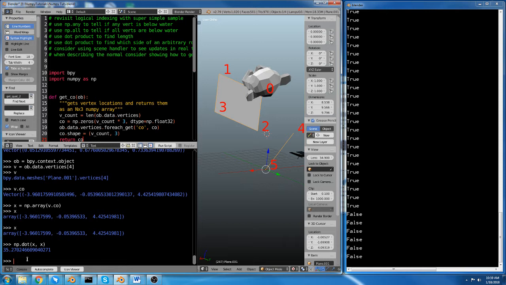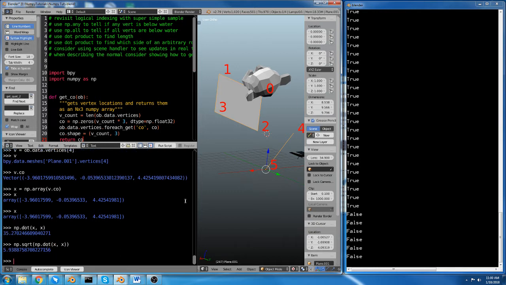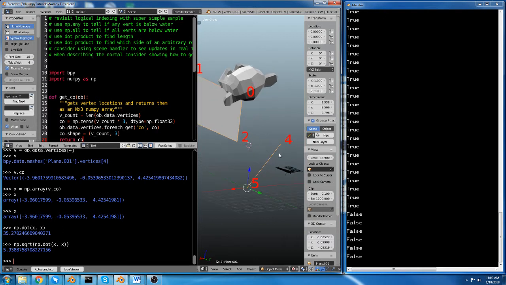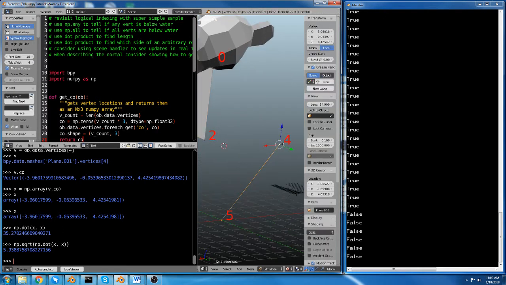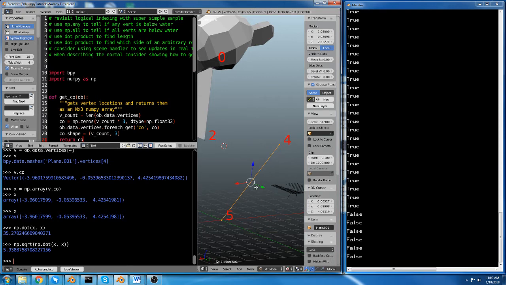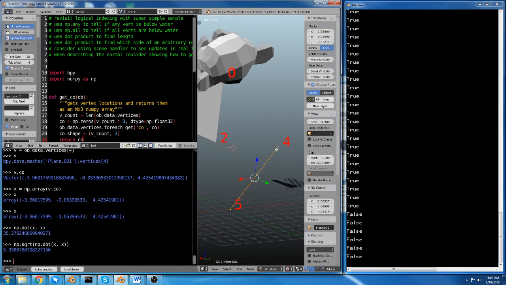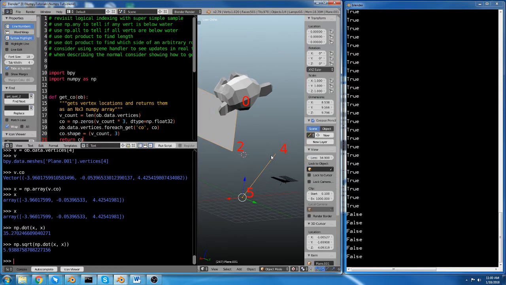So we can do np.sqrt, and then np.dot of x and x. And this gives us the length of this vector. This edge segment here ends up being 5.938 something. That's our actual final total length.